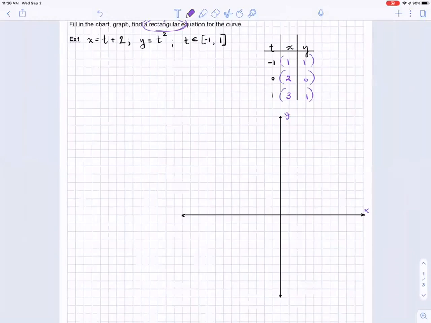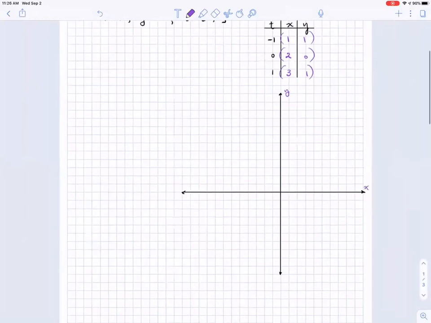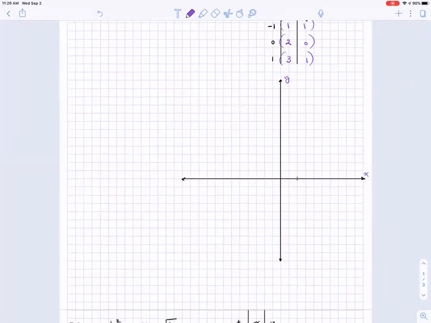Now, I'm going to spread things out because the largest number up there is a 3. So I'm going to go 1, 2, 3 on both x and y, and just spread it all out. So you have 1, 1. You have 2, 0. And you have 3, 1.